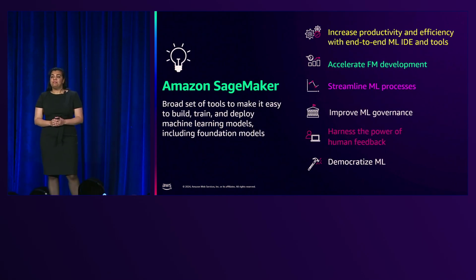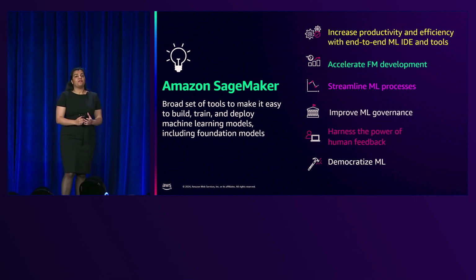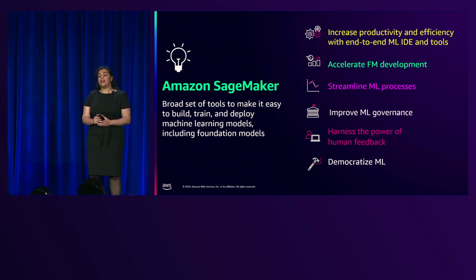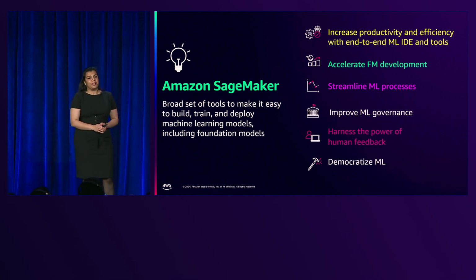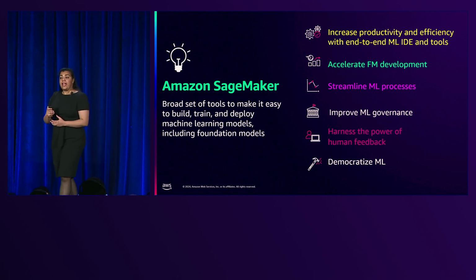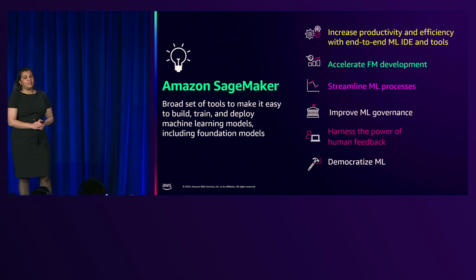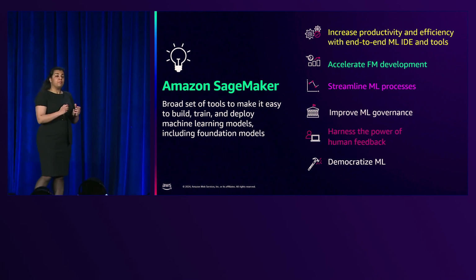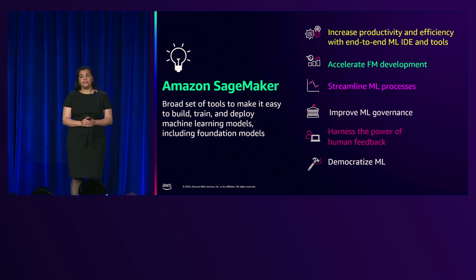At AWS, machine learning and innovation is part of our DNA. And our mission is to democratize machine learning for everyone. To realize this mission, we built Amazon SageMaker that provides the broadest set of tools to build, train, deploy, and manage machine learning models at scale. With Amazon SageMaker, expert data scientists and ML engineers have access to the broadest set of machine learning IDE tools with SageMaker Studio.